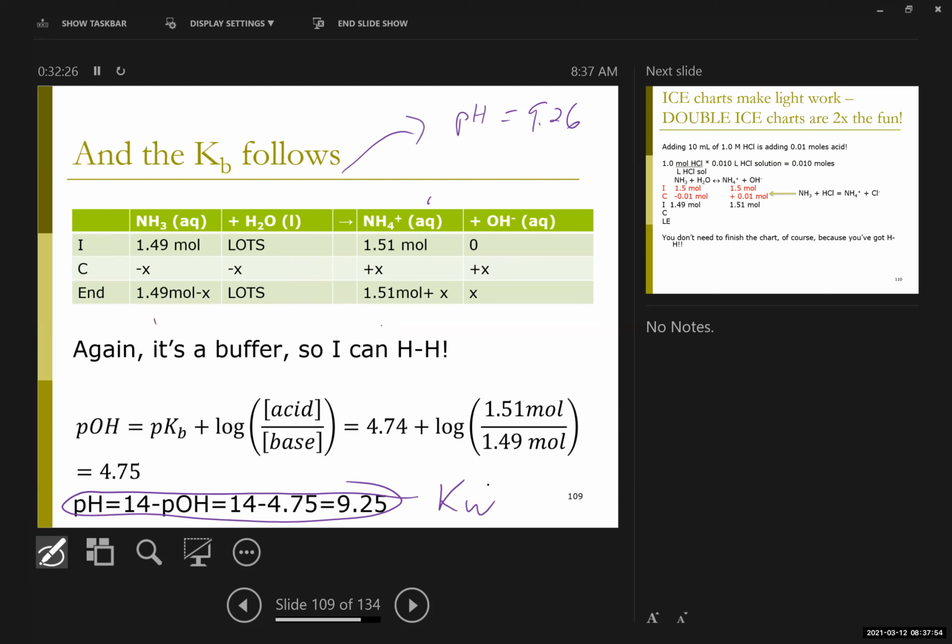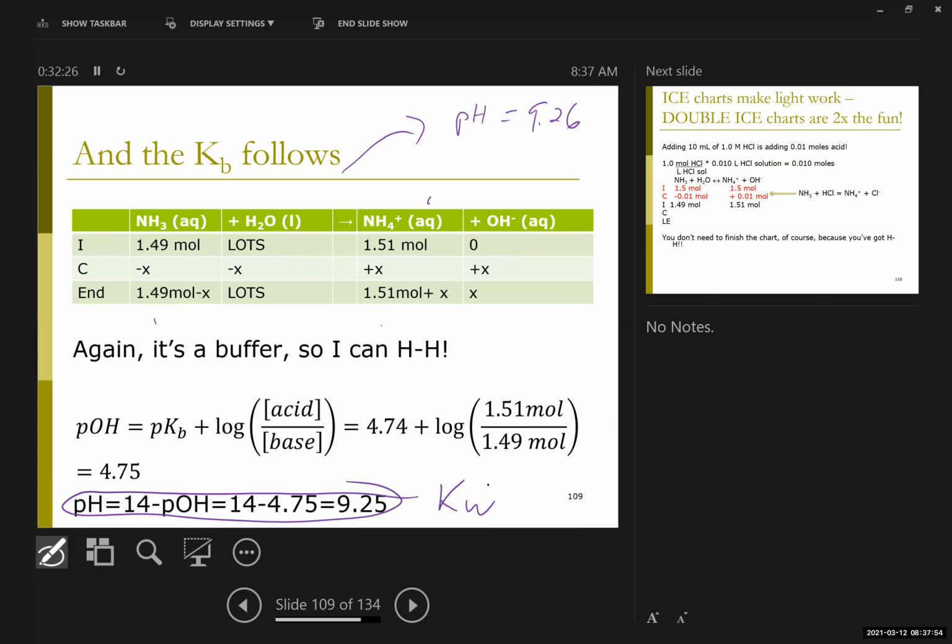But they sometimes set up these buffer problems as double ICE charts, which like 5 years ago, the class started calling icicle charts for some reason. So I have amended it to have the equilibrium in the second one be an LE for last equilibrium. The reason it's potentially confusing is it really has a hidden reaction.